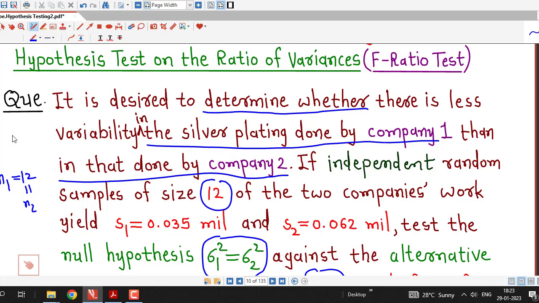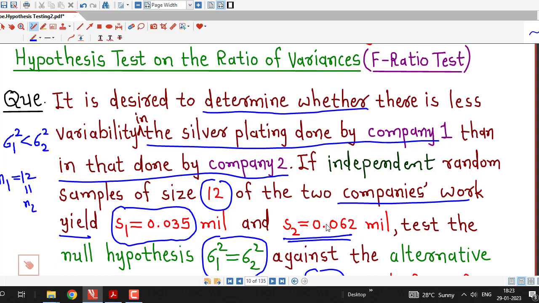So they want to check whether the variability in the silver plating done by company 1 is less than the variability in the silver plating done by company 2, and for that they are taking two samples of size 12 of the two companies' work yield, and they obtain that the sample standard deviations for those two samples are 0.035 and 0.062.